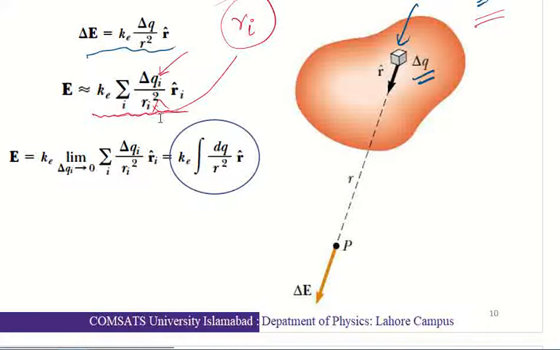And if now we go back to the mathematics that you know from your courses related to integration, if we have a large number of things, we can impose a limit that the things are very, very small. So now we are imposing the limit that delta q is very small. To say something is small in mathematics, we say that limit delta qi approaches 0.